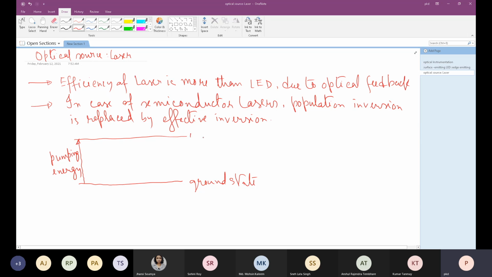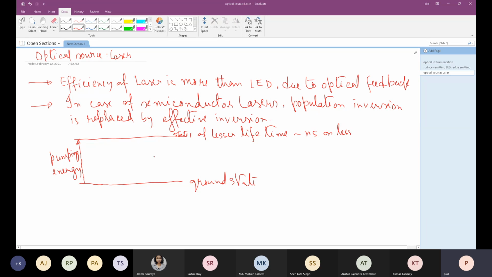However, the lifetime here is lesser, of the order of nanosecond or less.